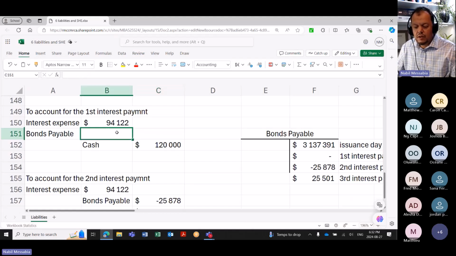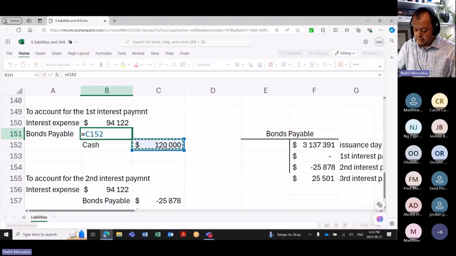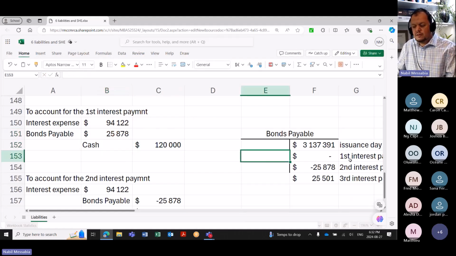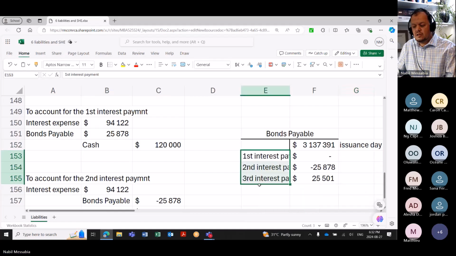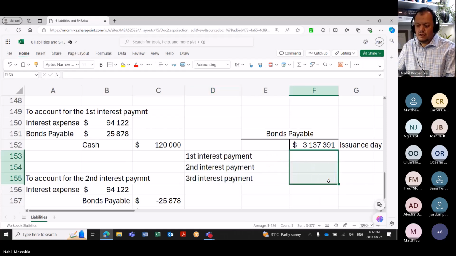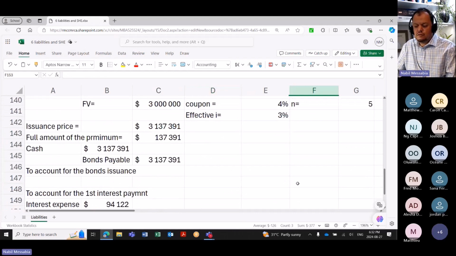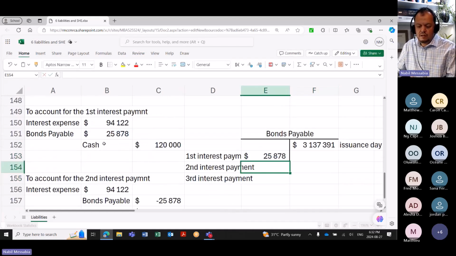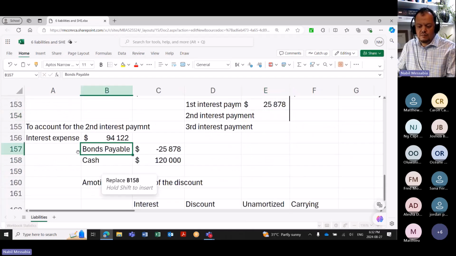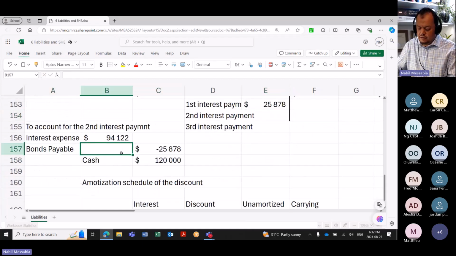This minus this. And of course, on my T account, it should be on the debit side, not on the credit side. And you see what will happen. So progressively, it will decrease until, so again here, bonds payable, debit side, the difference between this and this.